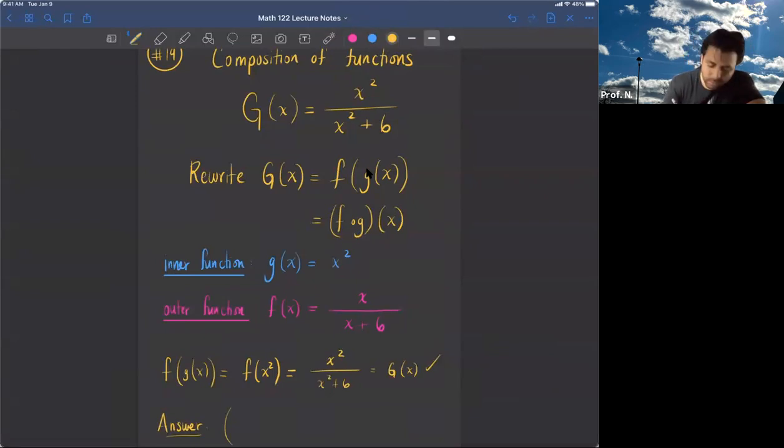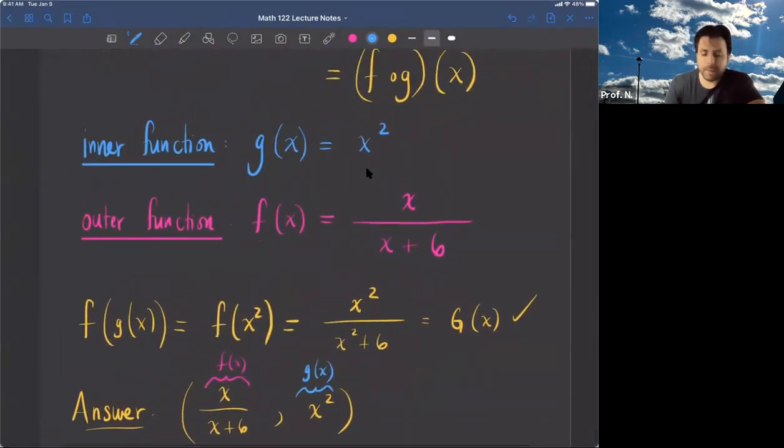The f function would be x over x plus 6, comma, and this will be the g of x function, which will be x squared. So remember, this here is the f of x function, and this here would be the g of x function. That's how you would write it in the homework. That's how they want it.